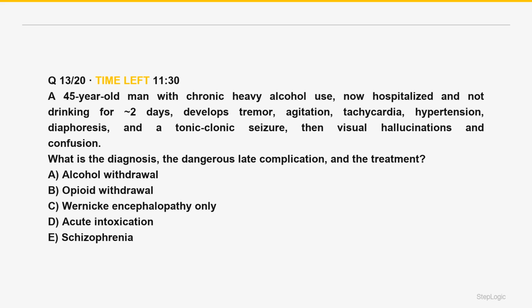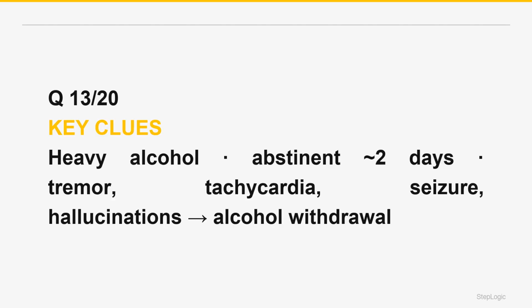Read the command. Diagnosis, late complication, treatment. Heavy alcohol use, abstinent 2 days, autonomic hyperactivity plus seizure plus hallucinations: alcohol withdrawal, delirium tremens, benzodiazepines. This is alcohol withdrawal. Chronic alcohol enhances inhibitory GABA and suppresses excitatory glutamate NMDA signaling.